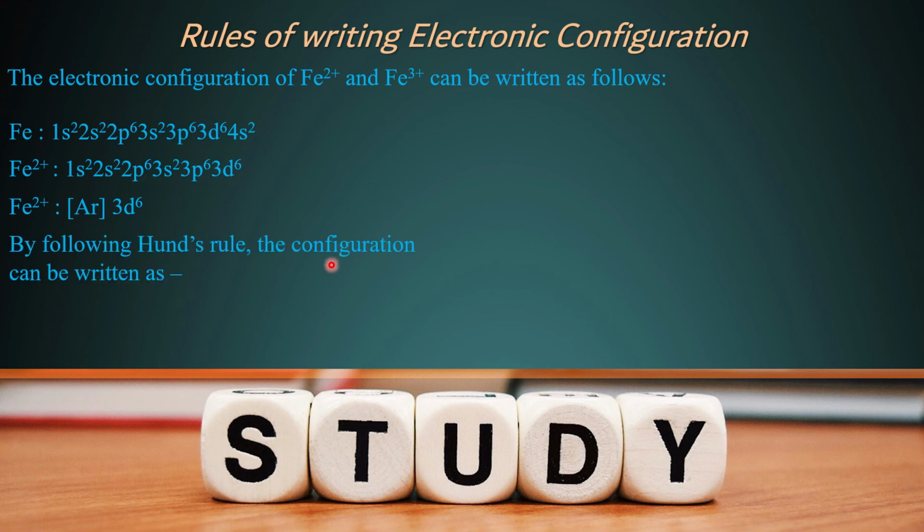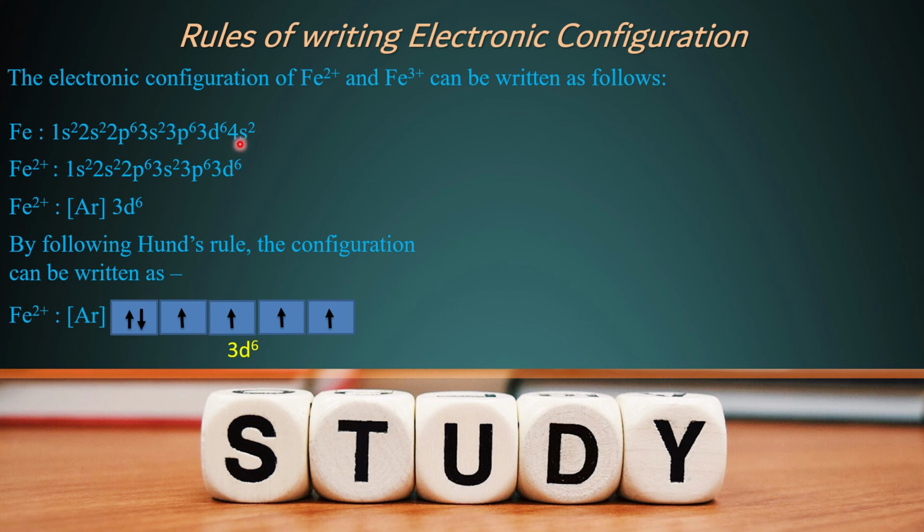And by following Hund's rule, the configuration can be written as argon 3d6. Now look, this is the electronic configuration of ferrous when 2 electrons are released. In the last shell of iron, there are 2 electrons, so these 2 electrons can be easily released from there.